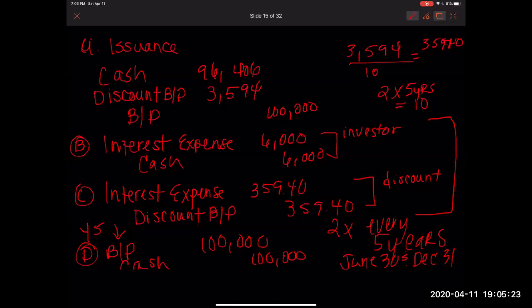Now, the last thing I want to make sure you understand is in Cengage, if you're doing your homework, a best practice is to combine both B and C journal entries together because there's some commonality between them. You have 2 debits of interest expense, and then you have cash and bonds payable. So in Cengage, it's going to ask you to combine these 2 journal entries together.